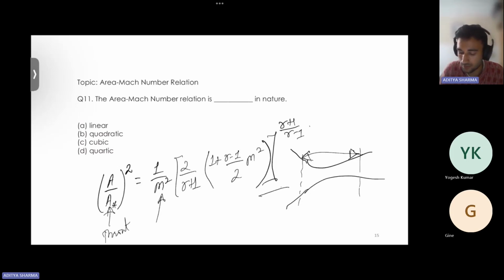But if there is flow moving in one particular direction, at one cross section there will be subsonic flow and at the other there will be supersonic flow. If we work out some numerical based on this, we will get 2 solutions.